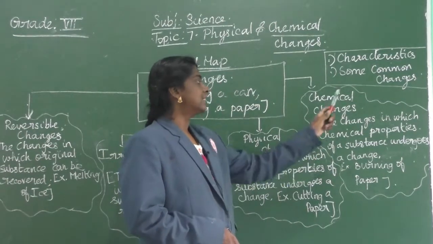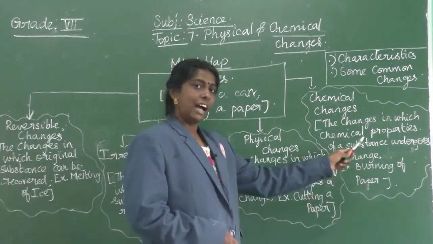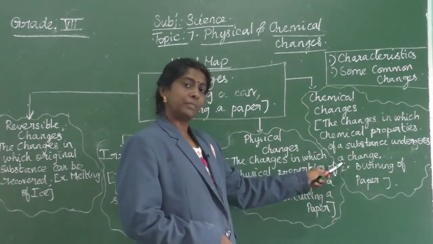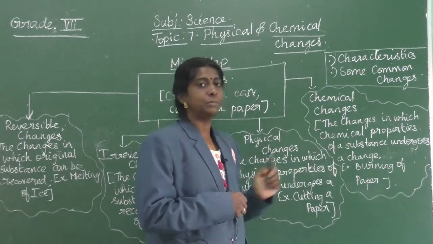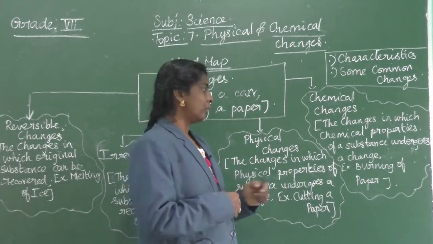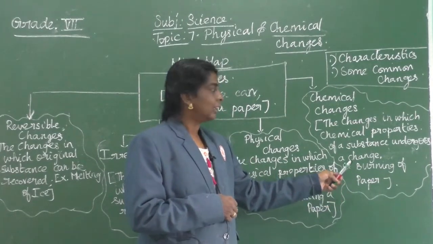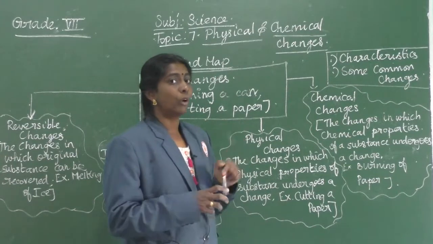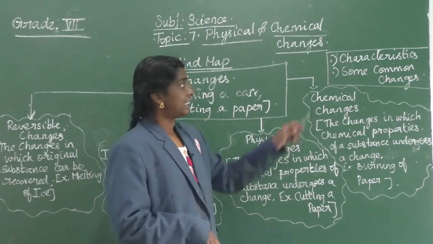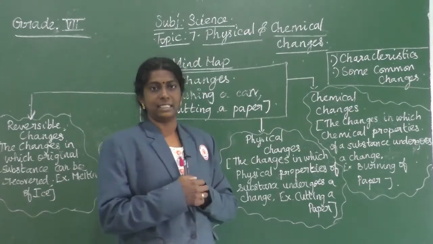The changes in which the chemical properties of a substance undergo a change are termed as chemical changes. For example, burning of paper. Clear? Okay. Then, apart from all these different types of changes, we are also going to learn about characteristics of changes and some common changes.